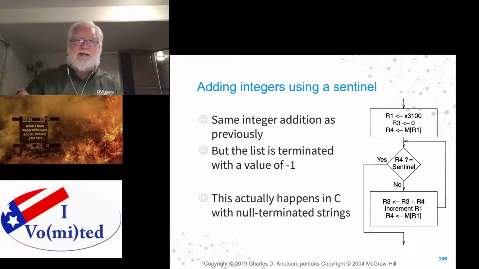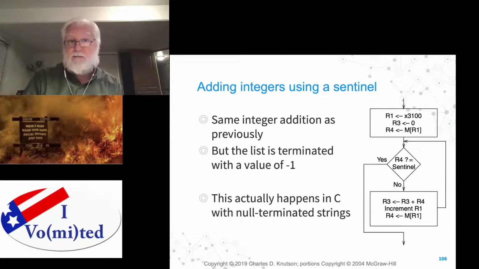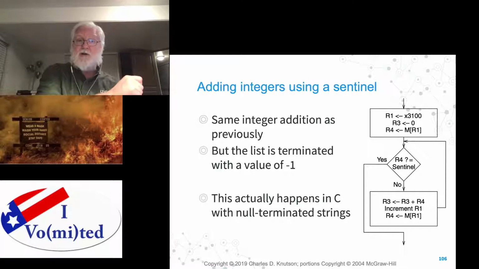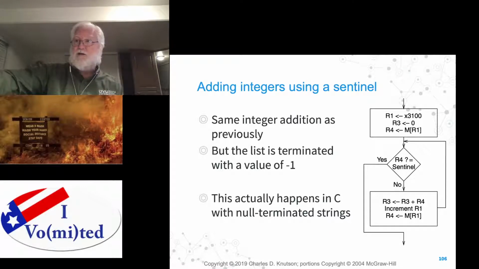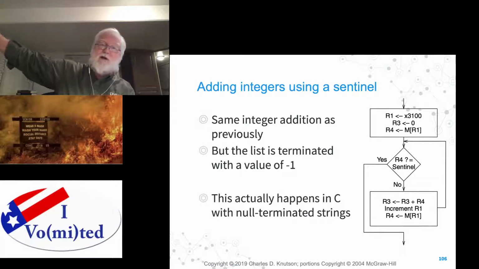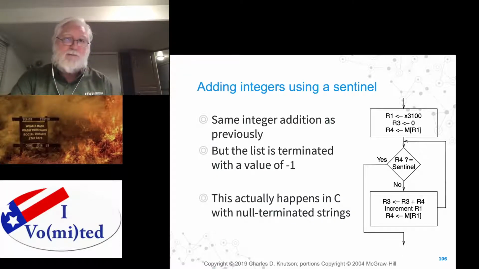What if you overwrite the 0 or blow the 0 and you're trying to print that string? What'll happen? Answer, you'll just keep going. You'll just keep dumping all of memory to the screen until you find a 0 in memory, and then it'll think that that's the end of your string.